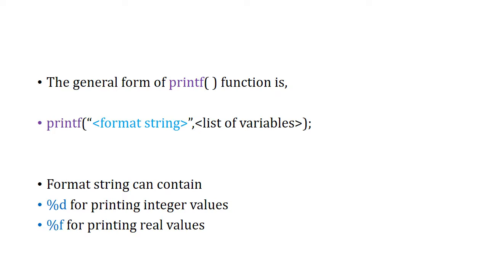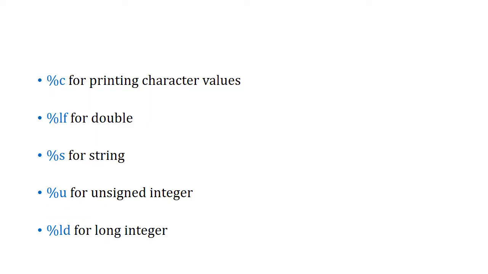If we want to print real values, it should be %f. Similarly, for printing character values it should be %c. For double values, it should be %lf. For string, it should be %s. It should be %u for unsigned integer and %ld for long integers.